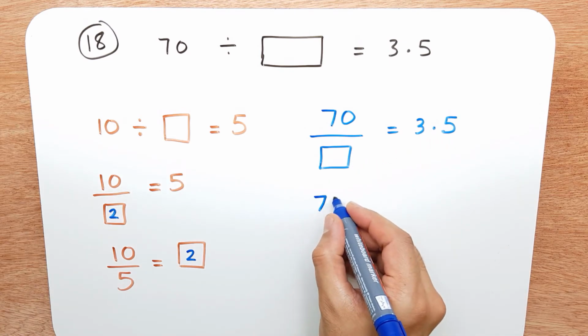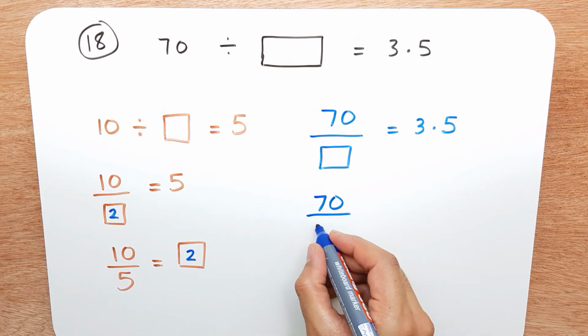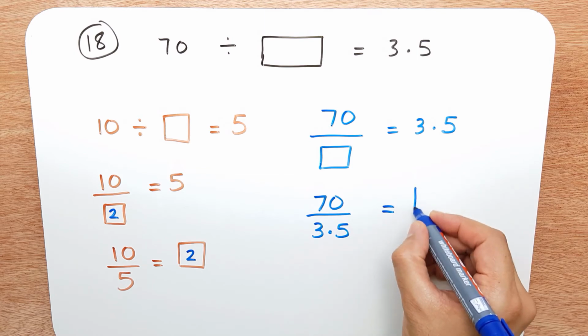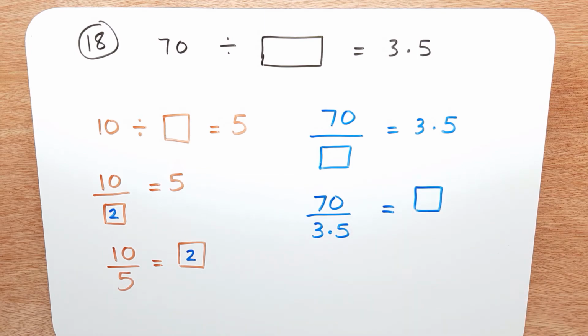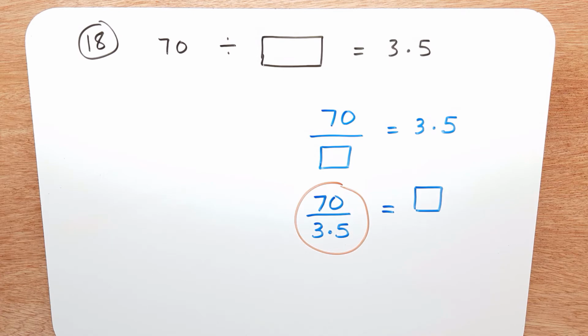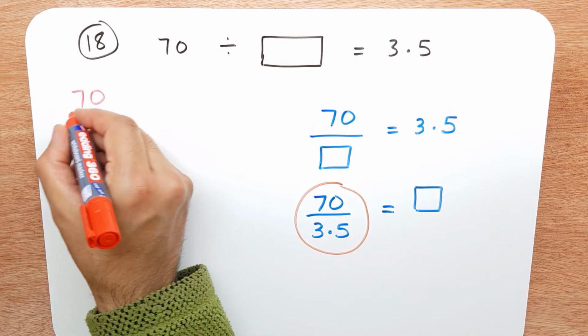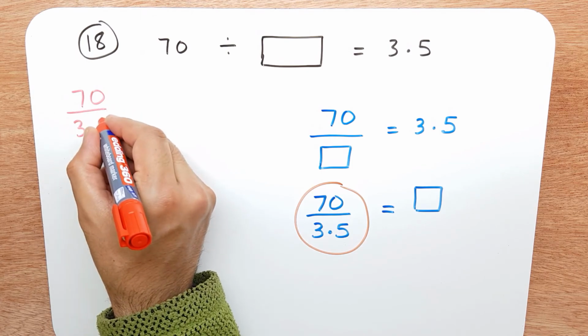So it's going to be 70 shared by 3.5 equals the box. Now this is the question I now need to answer. Now I'm going to rewrite this up here: 70 divided by 3.5.